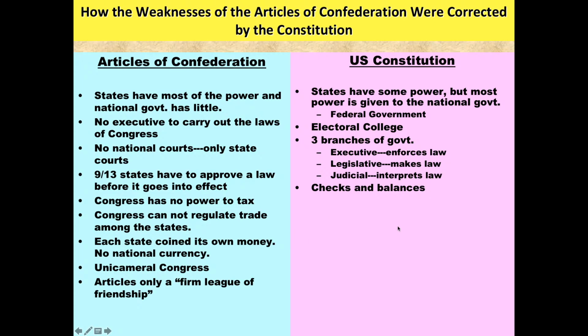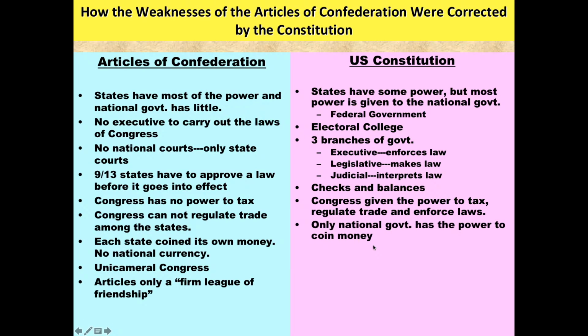Now, we also have Congress with ultimate authority, like the power to tax, regulate trade, and enforce laws that it did not have under the Articles. Also, we get to coin our own money now. We have a national currency instead of every state coining their own money and causing chaos and confusion. So this is going to stabilize our currency and our economy as well.